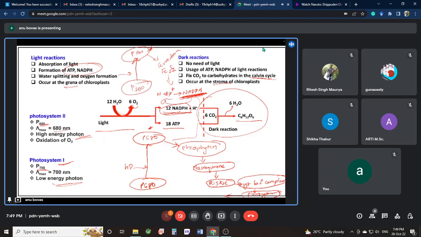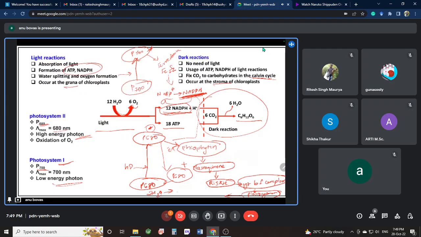One more thing is that P680 is in excited state now. After giving an electron, it will come back to ground state, but then it will be P680 plus, because it has given one electron. So it has to come back to P680 again. It needs one electron. From where will it take the electron?